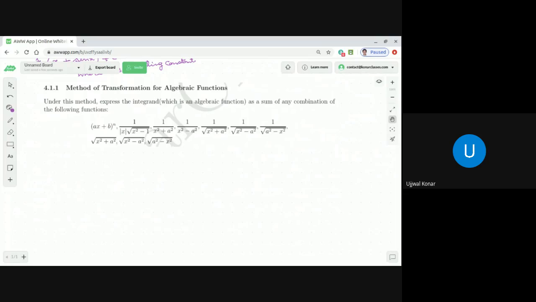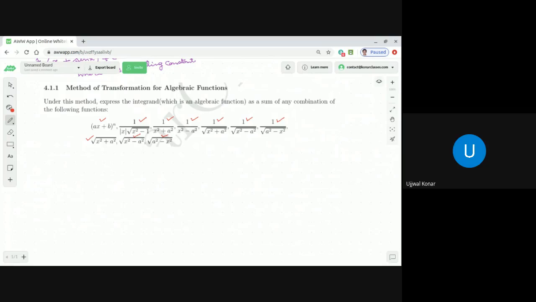What is the first one? (ax plus b) power n, or we can express in terms of 1 by mod x into square root of x square minus 1, or 1 by x square plus a square, or 1 by x square minus a square, or 1 by square root of x square plus a square, or 1 by square root of x square minus a square, or 1 by square root of a square minus x square, or x square plus a square, or x square minus a square, or a square minus x square.